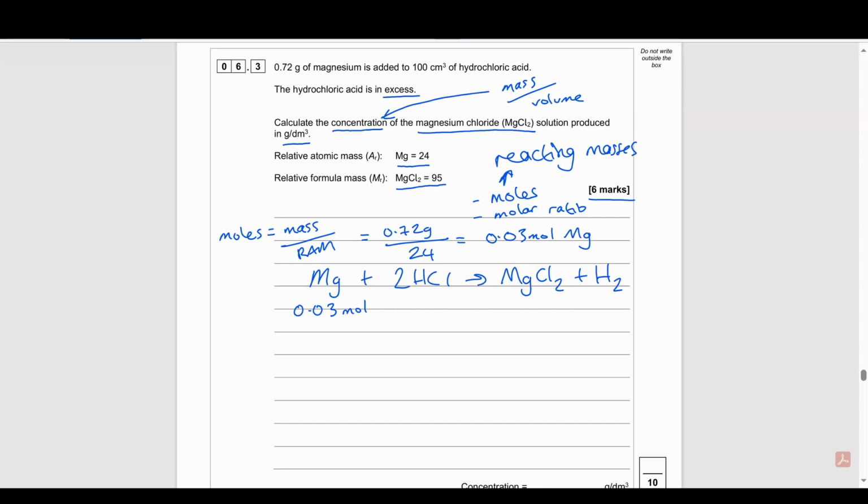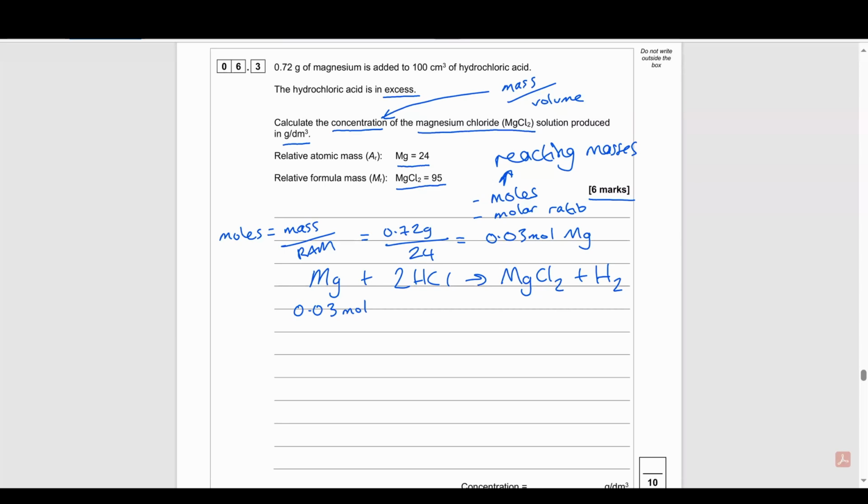Remember that we're focusing on finding the concentration of magnesium chloride. Now, for us to find the concentration of magnesium chloride in grams per decimeter cubed, we would need the number of moles of magnesium chloride, and then we would need the mass of magnesium chloride.